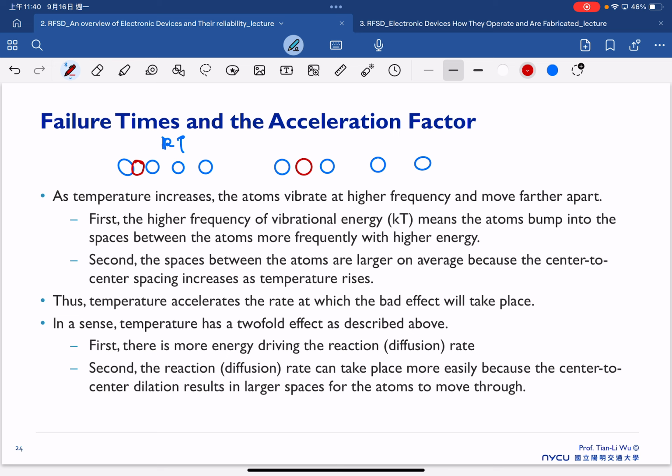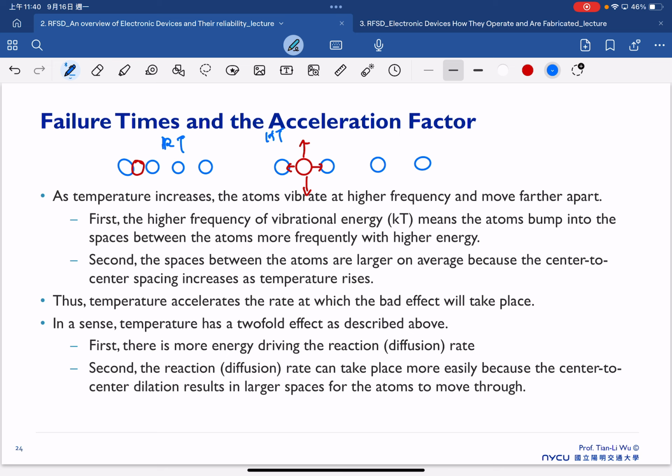That means the atom will vibrate more frequently than at room temperature. So we can foresee this atom will try to vibrate more at a high temperature.